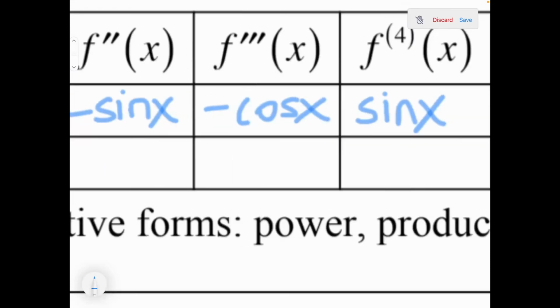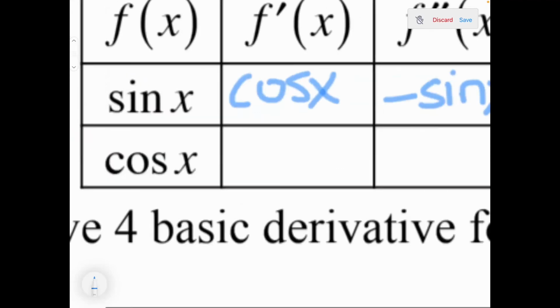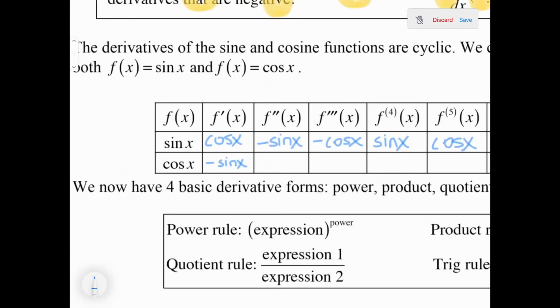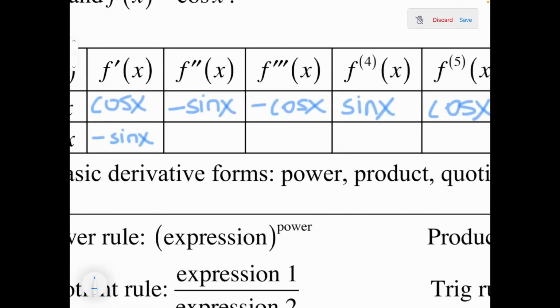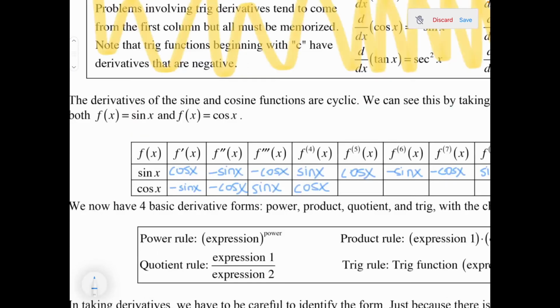Derivatives of cosine are also cyclic. The derivative of cosine is negative sine, the derivative of negative sine is negative cosine, the derivative of negative cosine is positive sine, and the derivative of sine gives us back cosine. The next four would be similar.